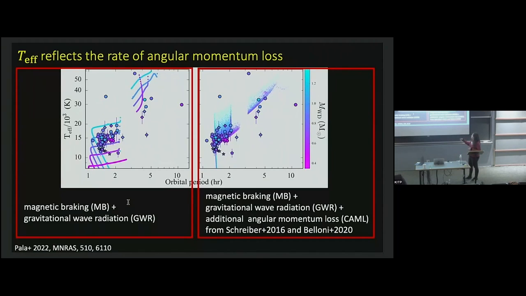If you only have magnetic wind braking and gravitational wave radiation, there is a major disagreement, and the situation improves once we include an additional source of angular momentum loss that is mass dependent. So these are some observational evidence for the need of this additional source of angular momentum loss.